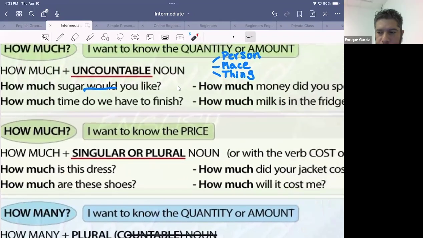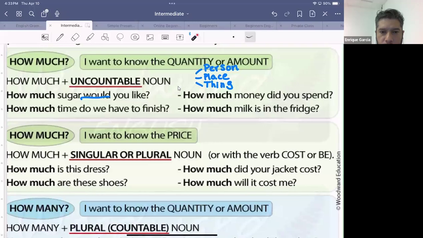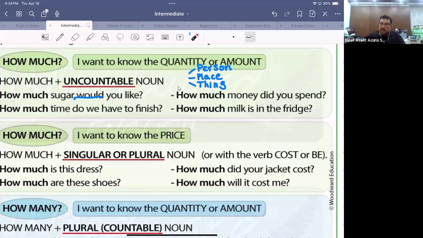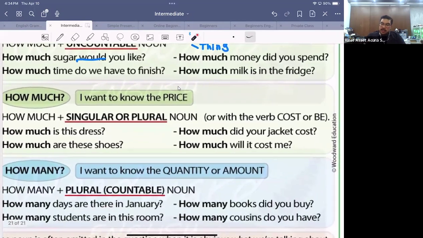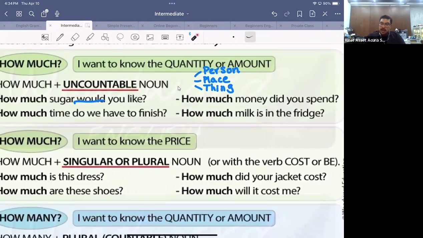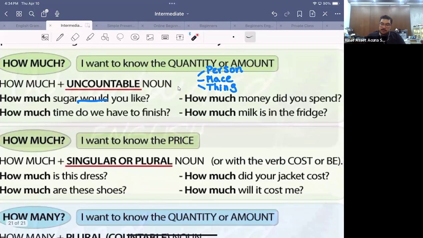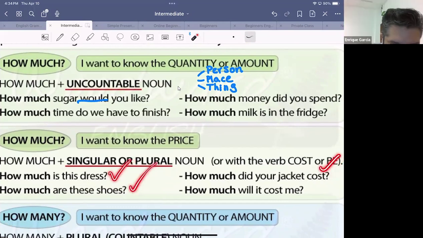Okay, do we understand, Enrique, so far? Yes. Very good. Excellent. So, what I want you to do very fast, before we go to this section, I want you to help me and write three questions in these three structures.